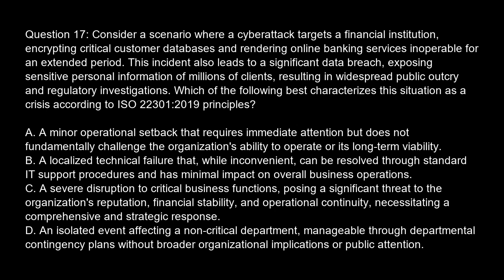Option C. A severe disruption to critical business functions, posing a significant threat to the organization's reputation, financial stability, and operational continuity, necessitating a comprehensive and strategic response. Option D. An isolated event affecting a non-critical department, manageable through departmental contingency plans without broader organizational implications or public attention.